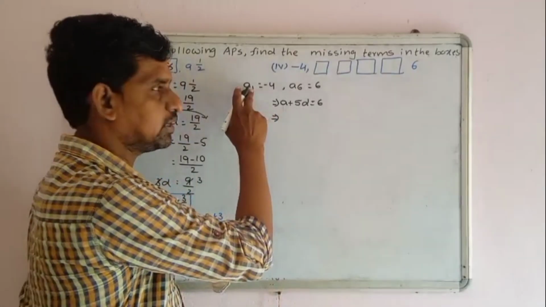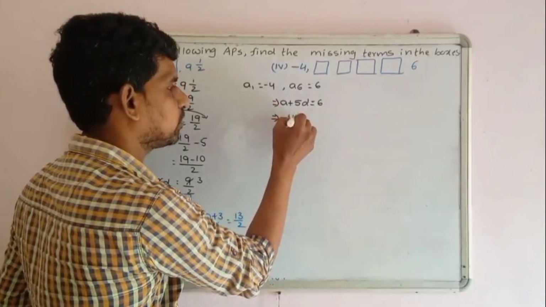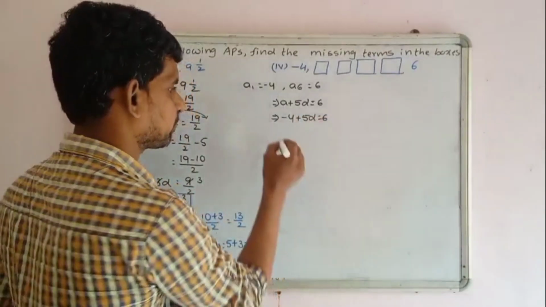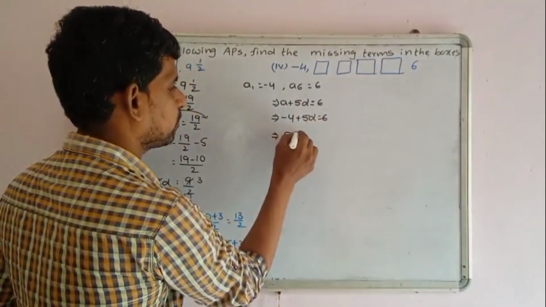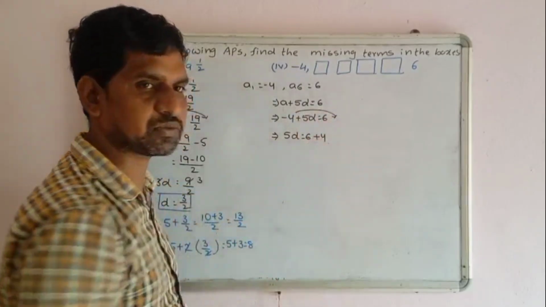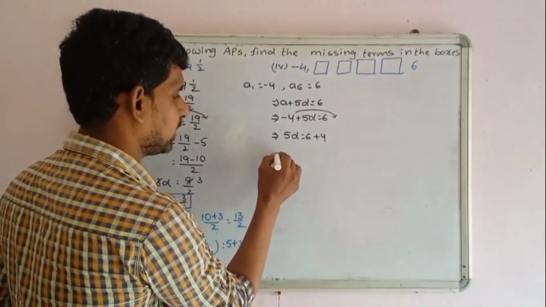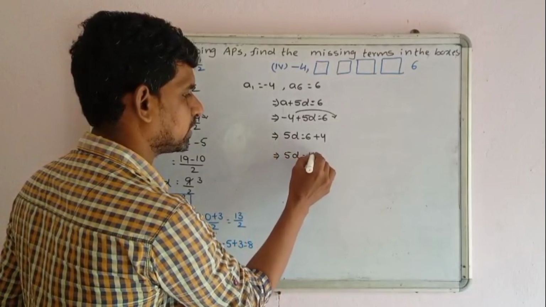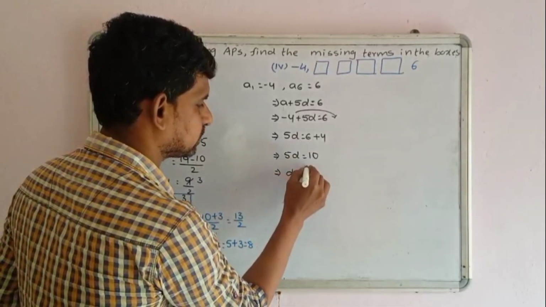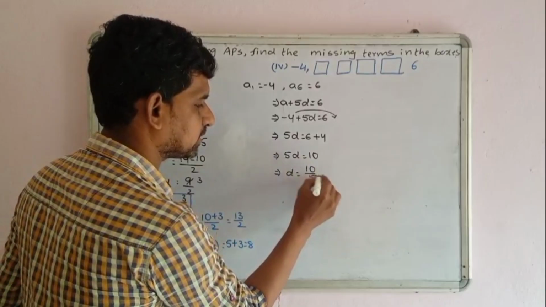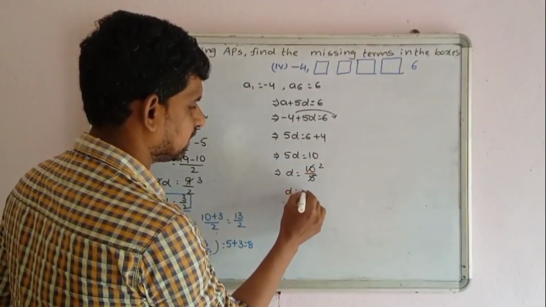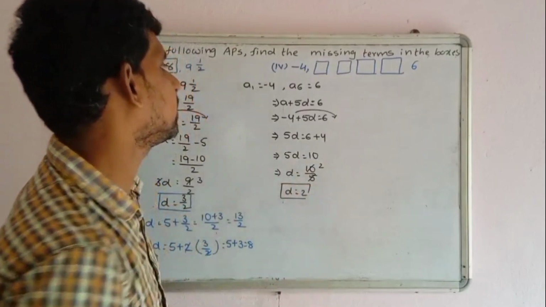Now A value, A1 is minus 4, so minus 4 plus 5D equals 6. 5D equals 6 minus 4, transposed to the right side, plus 4. So 5D equals 6 plus 4 is 10. D equals 10, 5 transposed to the right side, divided by 5. How many times? 2 times. D equals 2.